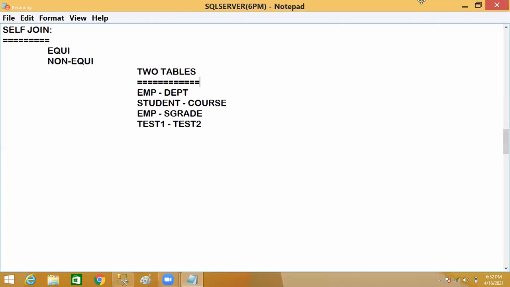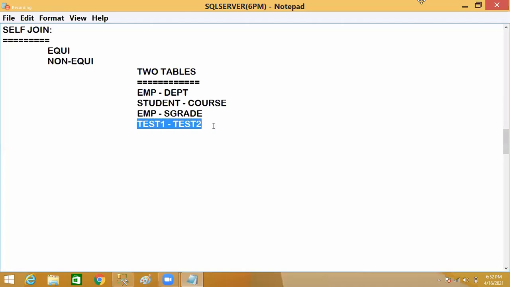But coming to self, what we said here is: we don't want to depend on a second person, I want to depend on myself. That is called self. So in equi and non-equi joins, EMP table data joins with the department table, student table data joins with the course table, EMP table data joins with the S grade table, test 1 table data joins with the test 2 table.